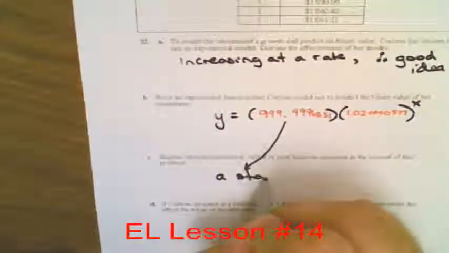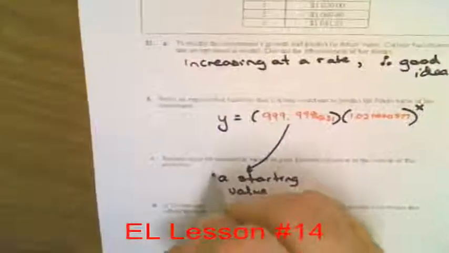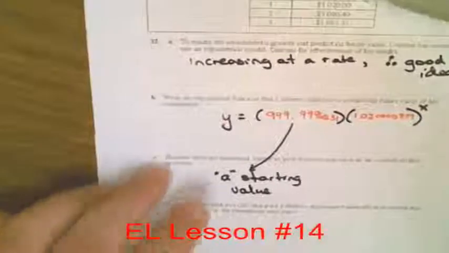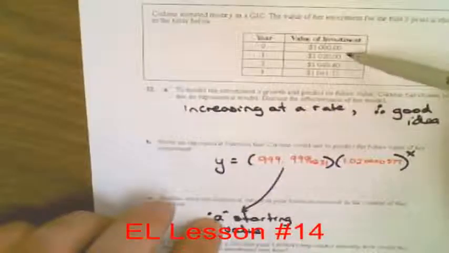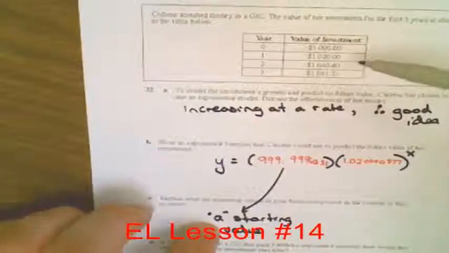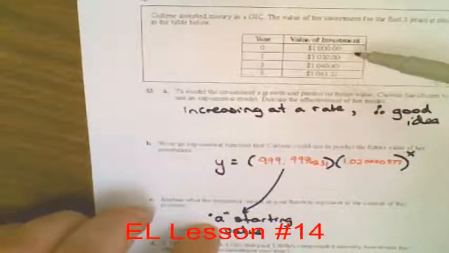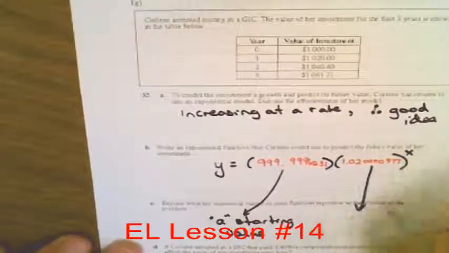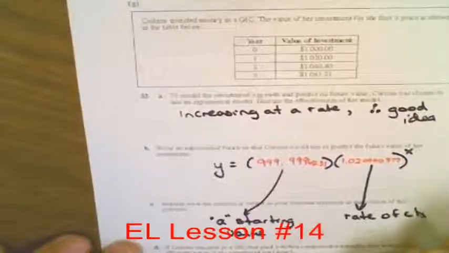In C, explain what the values represent. Well, the a value, keeping in mind, is the starting value. Okay, so it's not exactly, because I know I had $1,000 to start if I look back at the table. It's saying it's $999.99962. That's $1,000.